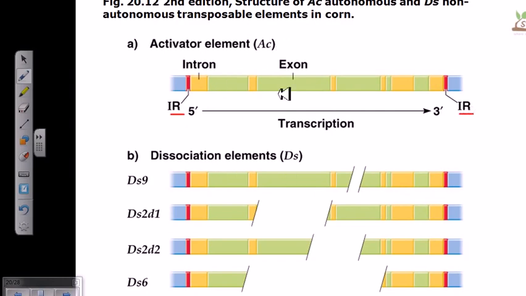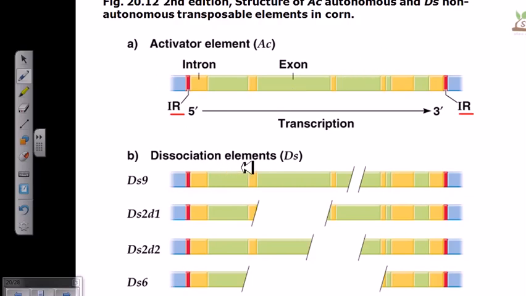Now these are autonomous units. That means they can code for the necessary proteins which are needed during transposition, like transposase enzyme, like resolvase enzyme, and sometimes other genes which give them an evolutionary advantage, like in bacteria we have seen the carrying of antibiotic resistance genes.